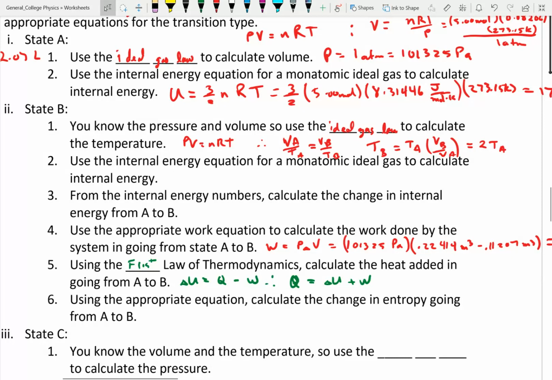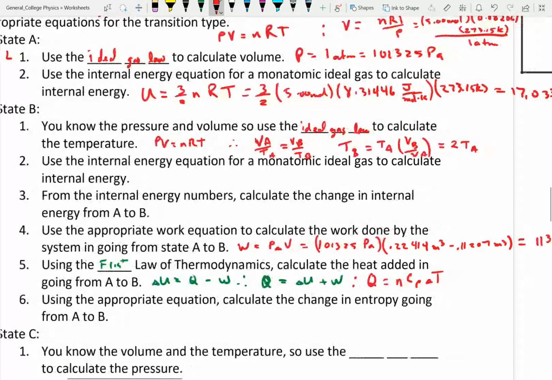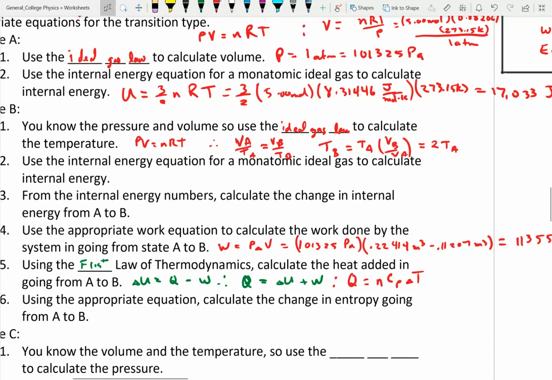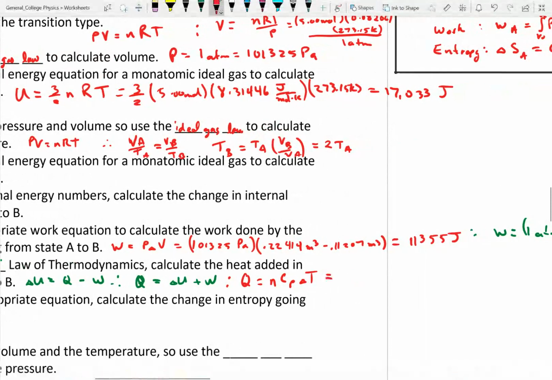We calculate the work. We can calculate the internal energy, and we've already done that, so we know the change in internal energy. We could use that. There's a second way to do it, right? More than one way to skin the cat, as we say. And that is to calculate Q equal to n C_P delta T. If you do it either way, you're going to get the same answer. So I'm just going to do it this way.